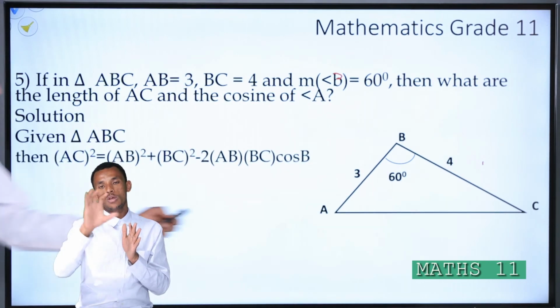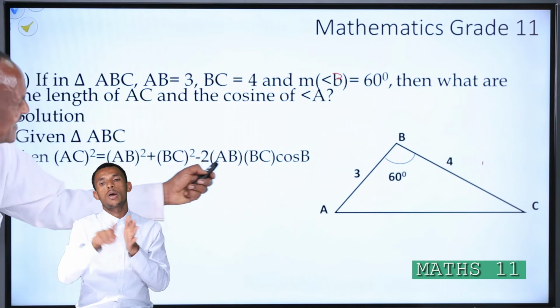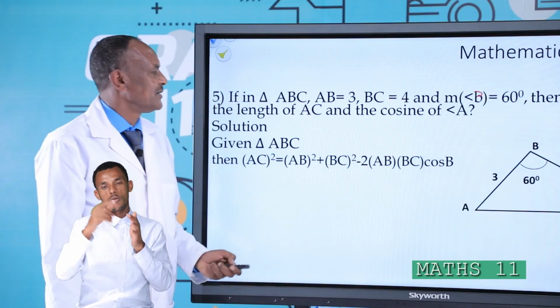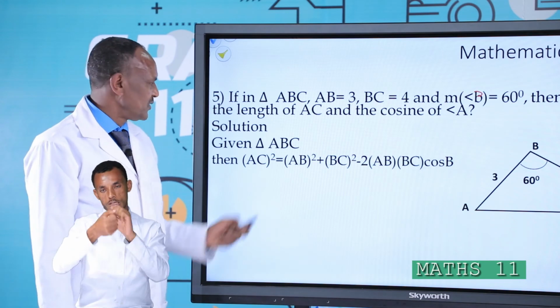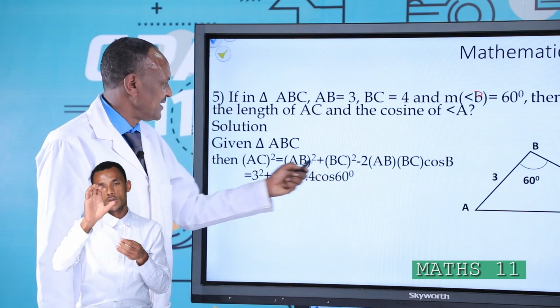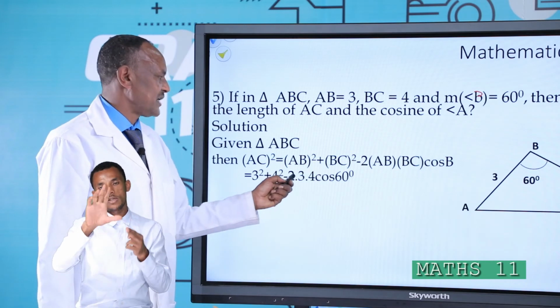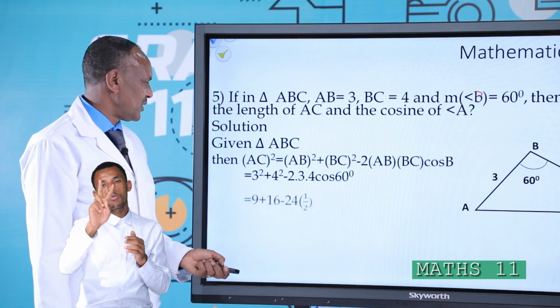So using the cosine law, AC squared is equal to AB squared plus BC squared minus 2 times AB times BC multiplied by cosine of B. When I substitute, I will get 3 squared plus 4 squared minus 2 times 3 times 4 multiplied by cosine of 60. But cos 60 is equal to half.